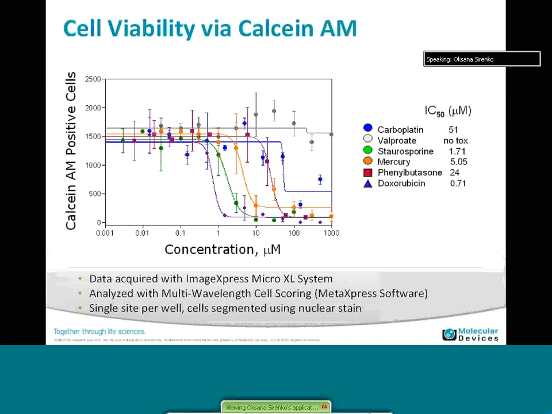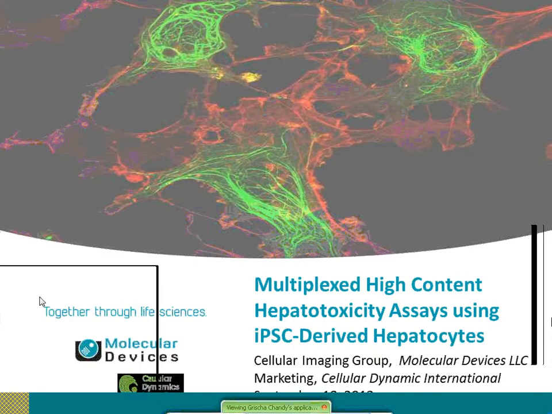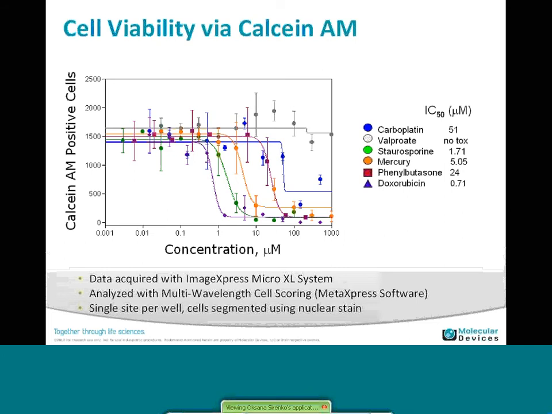In this slide, you can see an example of how cell scoring was used to define the number of calcein-positive cells. It could also define the number of mitochondria-positive cells or positive cells for other markers, and also average or integrated intensity for different markers. These output parameters could be used to define IC50 for toxicity effects for different compounds.